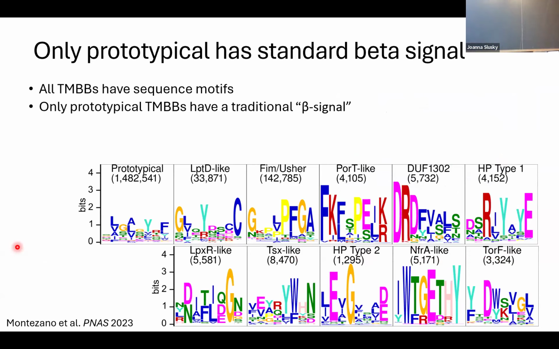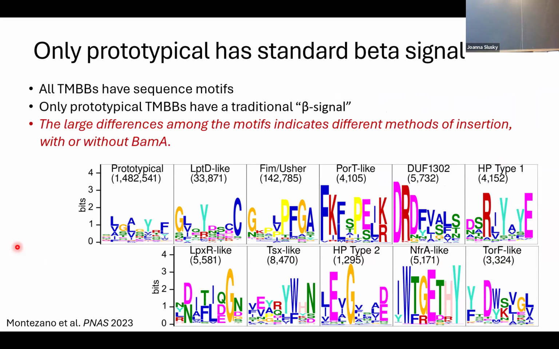All the others had really different ones. And that made us think, okay, so these large differences among the motifs might mean that there are more ways of insertion than we currently understand. And those other ways of insertion might be with BamA or not with BamA. And that's something that we're interested in investigating further.